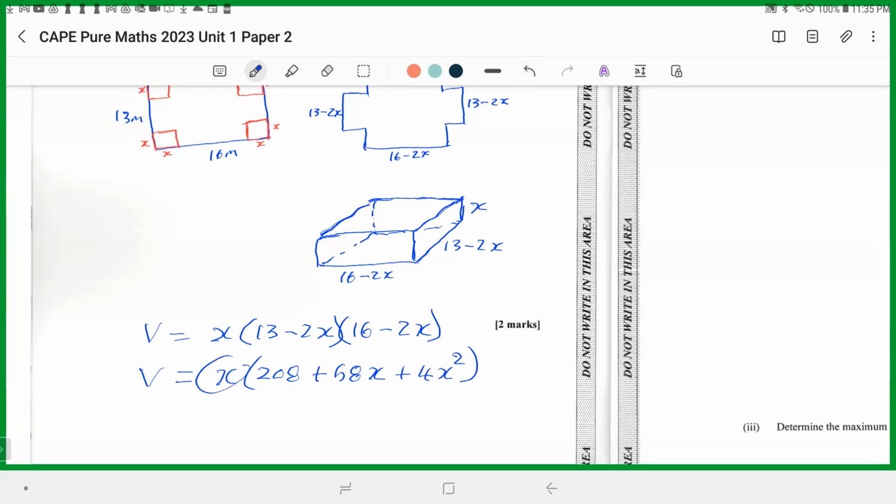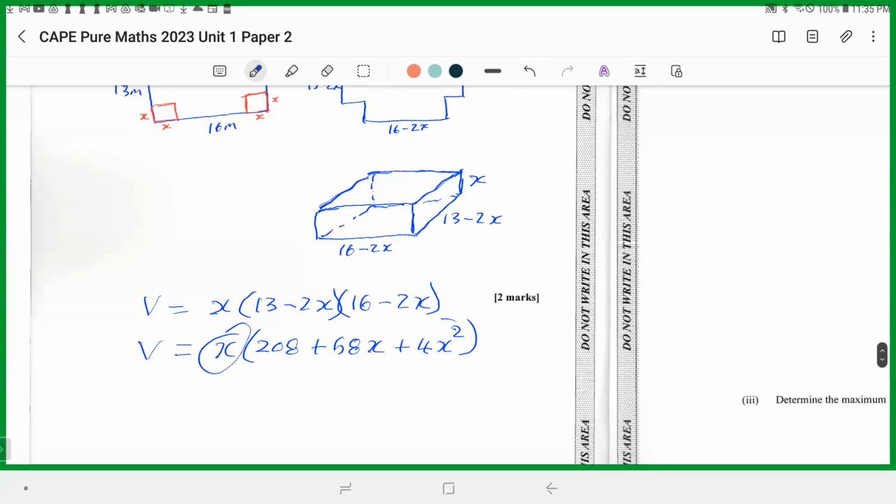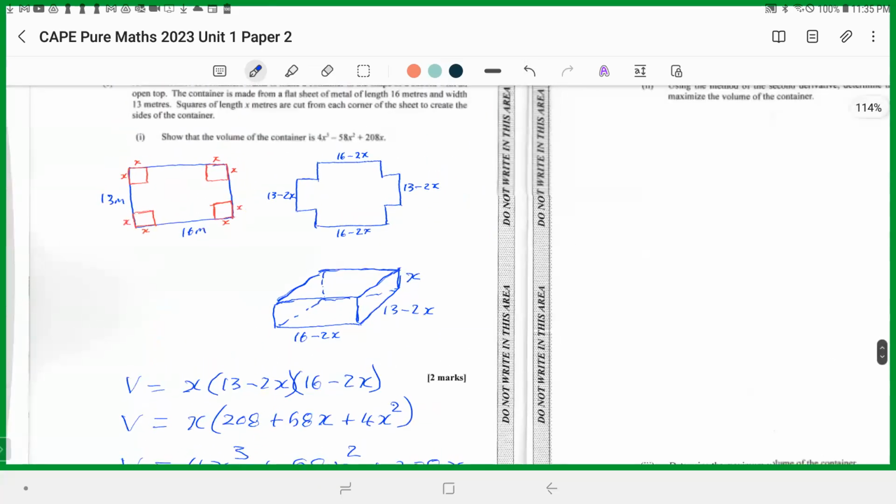And then just multiply each of these with the x now. x times the 4x squared is 4x cubed. Then x times this 58x is 58x squared. And then x times the 208 is 208x, which is what they told us to show.